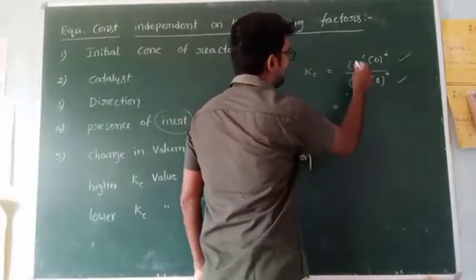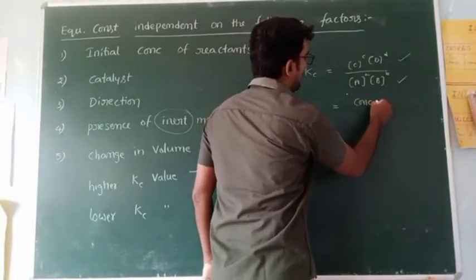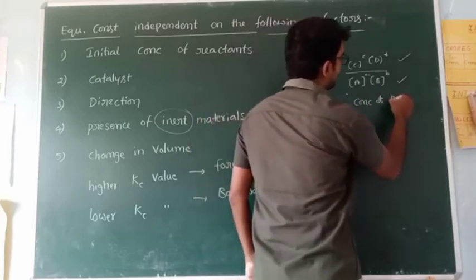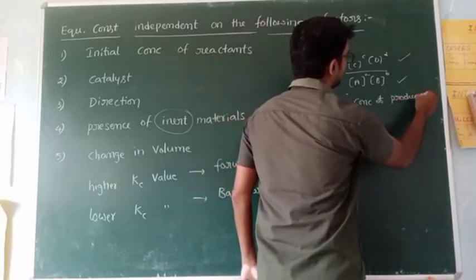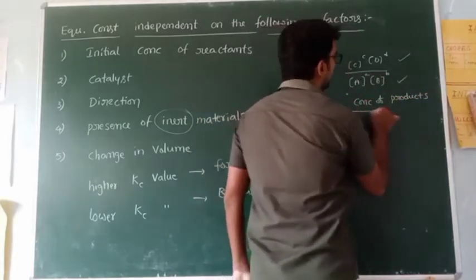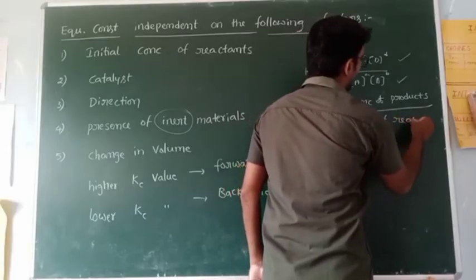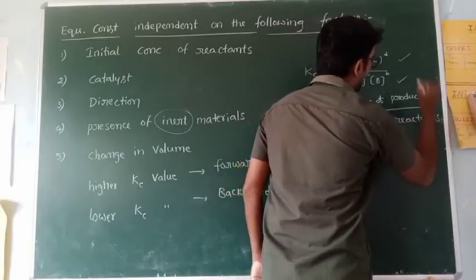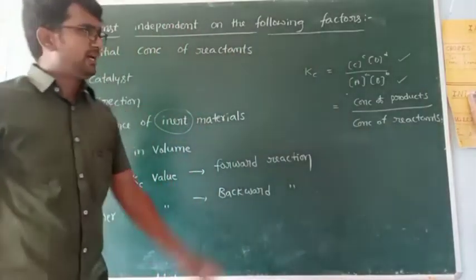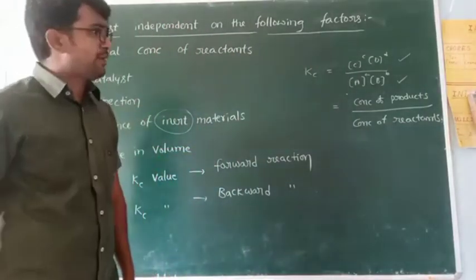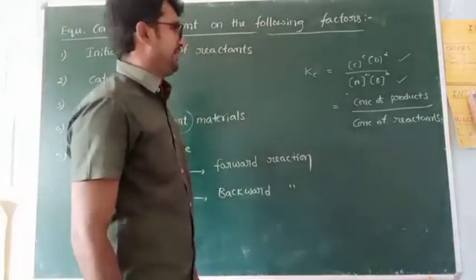Kc is equal to concentration of products by concentration of reactants. Okay, now in shortcut manner, what is Kc? Concentration of products by concentration of reactants.